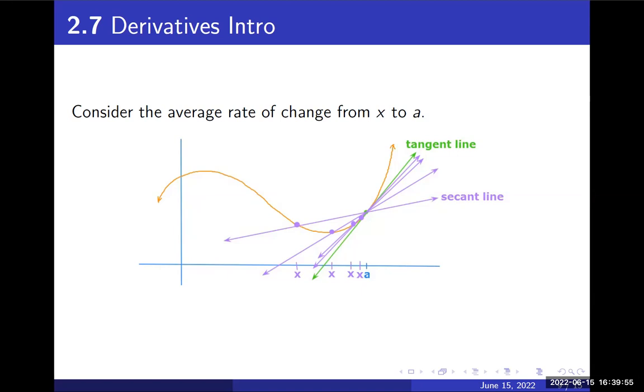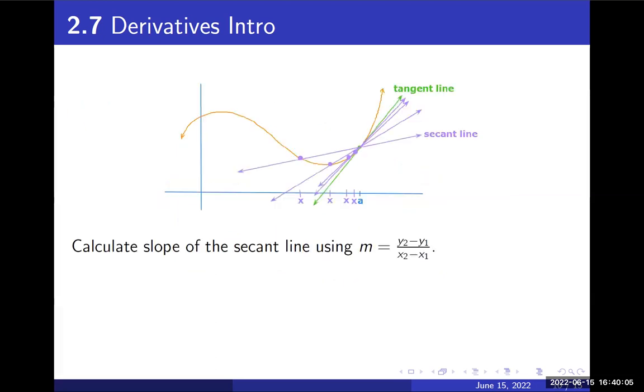So what is happening here? Every time we make x closer to a, we get a better approximation. Okay, keep that in mind. Let's use the same image as a reference. Again, going back, we really want to know the slope of the tangent line.